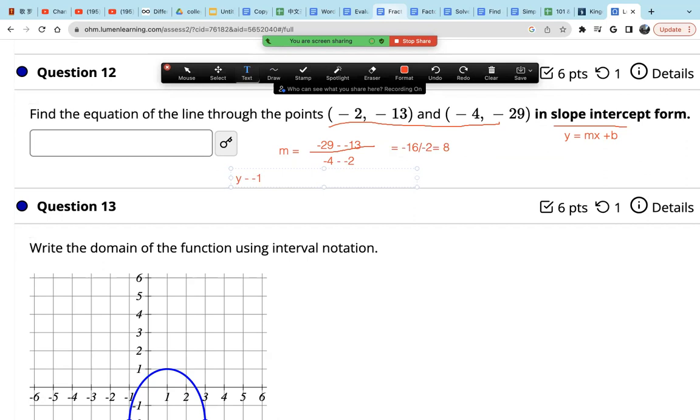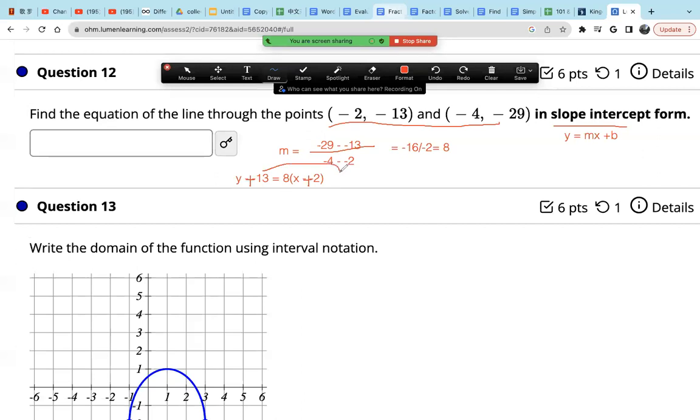Once we have the slope, we can use either point to write down y minus y1, y minus 13 equals the slope 8 times x minus negative 2. Simplify a little bit. So that becomes y plus 13, this becomes x plus 2.